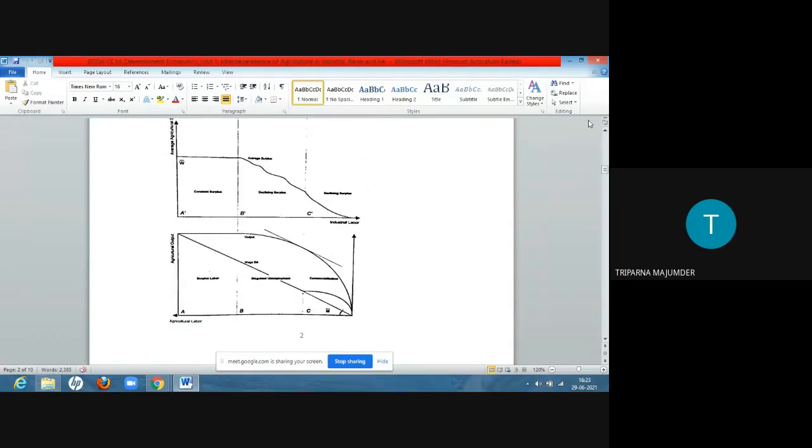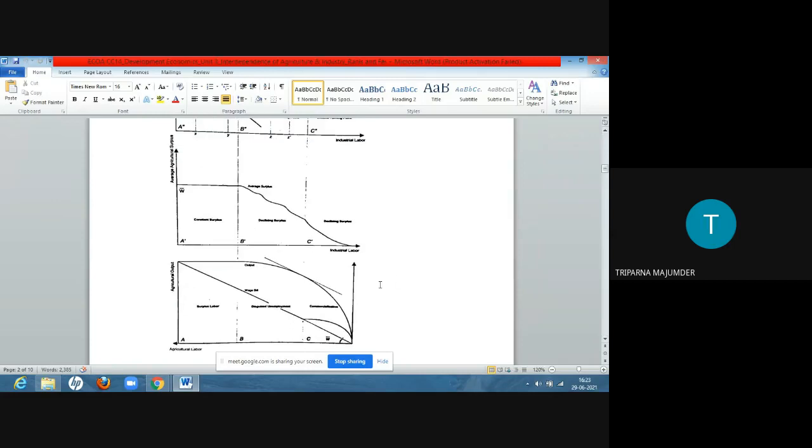Now these lower two panels show the agricultural sector. In each panel of the diagram, the industrial labor force is read from left to right, whereas the agricultural labor force is read from right to left.